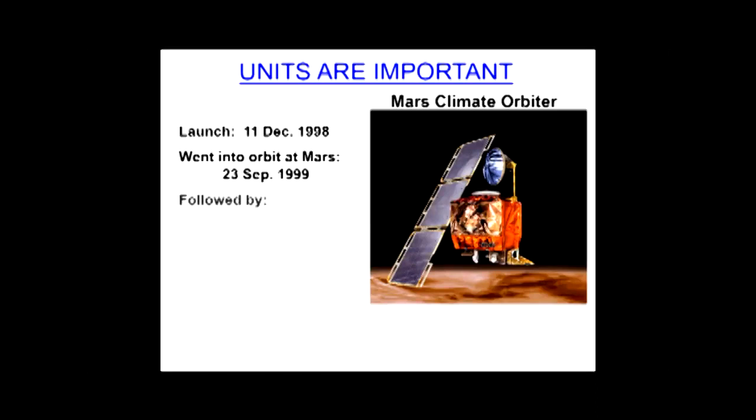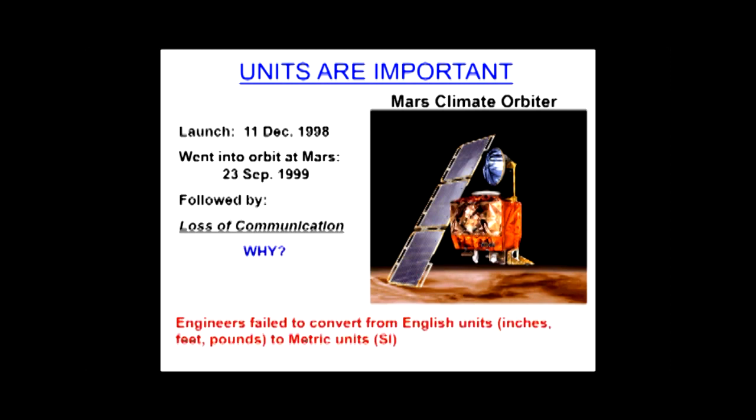We don't know because no one ever saw it happen, but we lost communication, and the spacecraft obviously shattered into little bits because somebody made an error in units. Some engineer at NASA didn't convert from the units like inches and feet into meters and kilometers. And so we lost a $1 billion spacecraft because of unit error. You can read about it on the web. It's quite embarrassing. And this kind of thing can happen all the time.